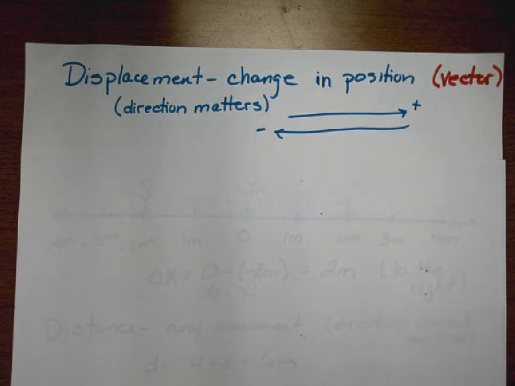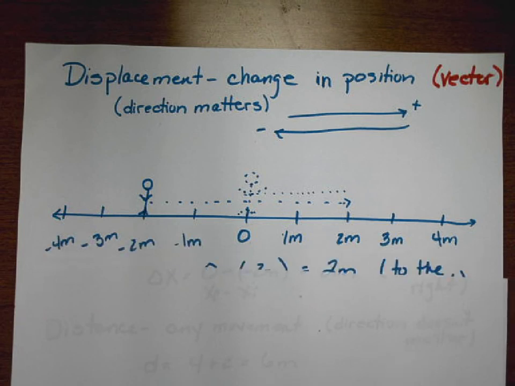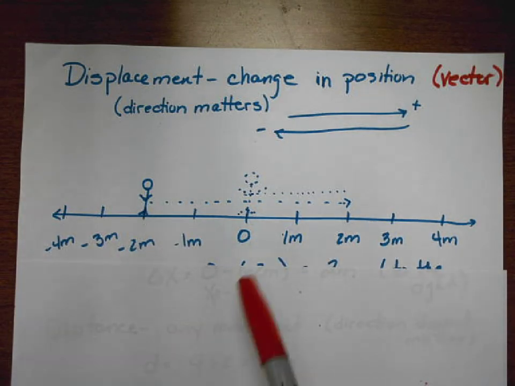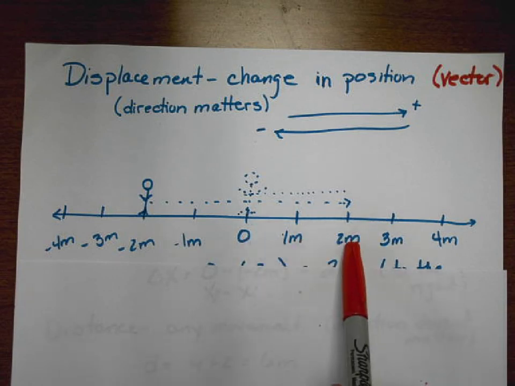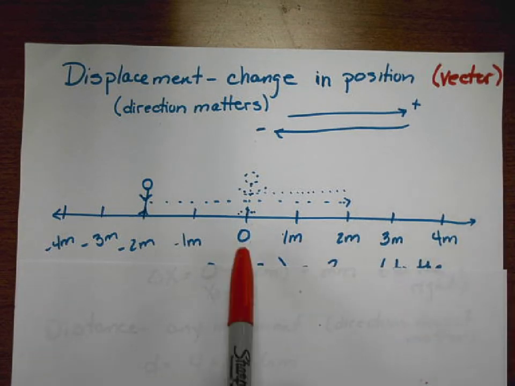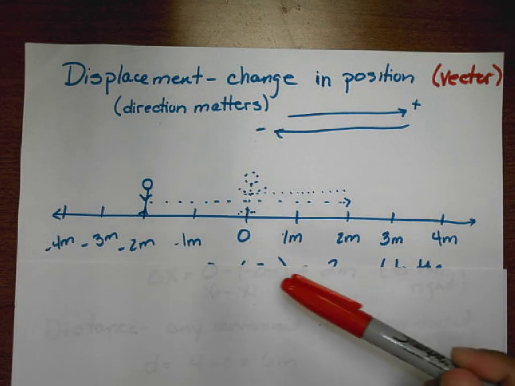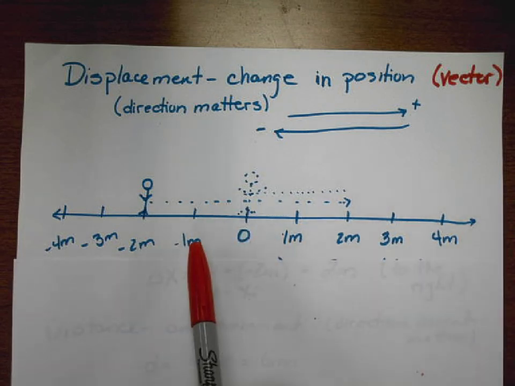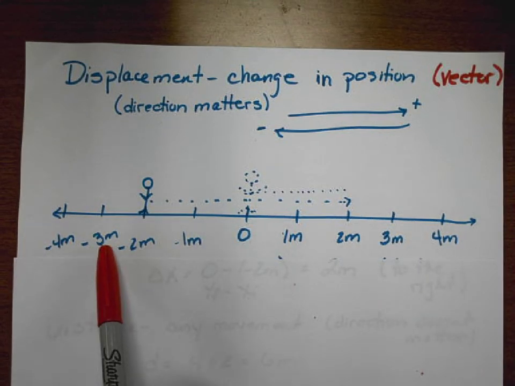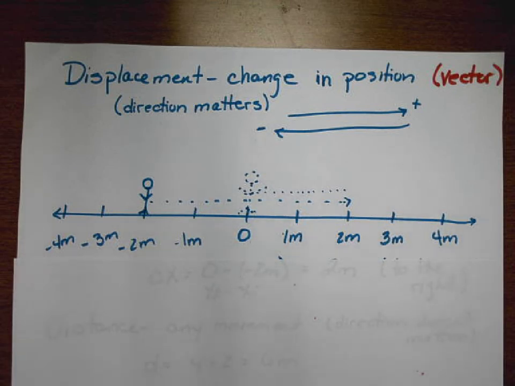Let me give you an example. I have here a number line, and I have it marked out in meters. I have 0, 1 meter, 2, 3, and 4 meters, and to the left of it, going in the negative direction, I have -1, -2, -3, and -4. I'm going to pose this question to you.